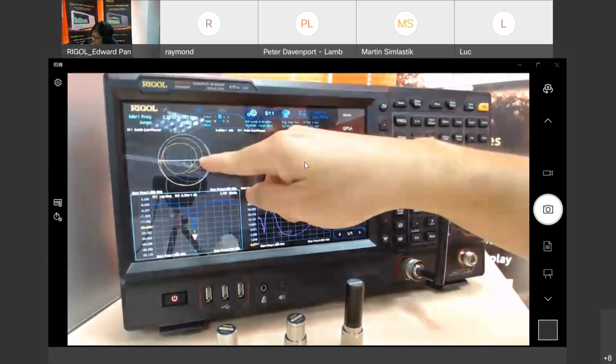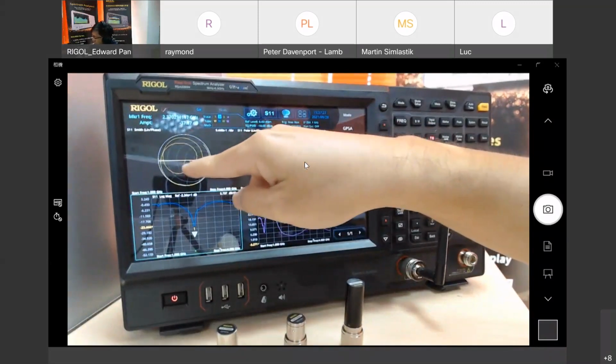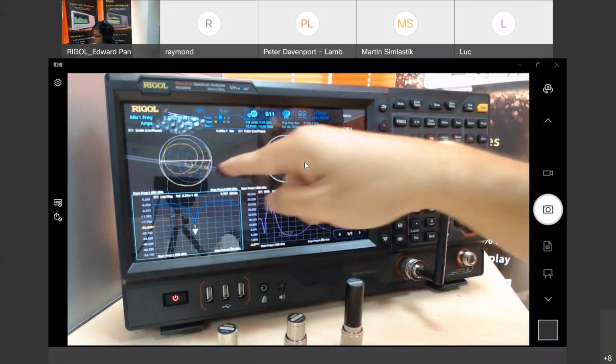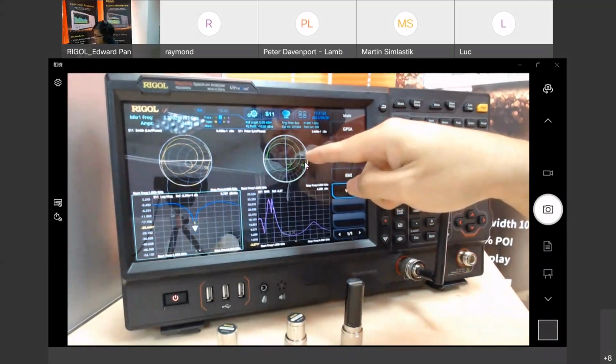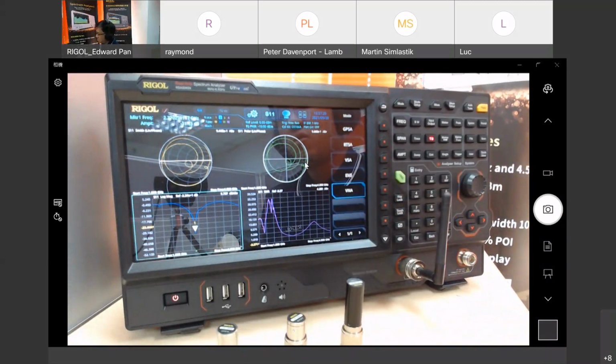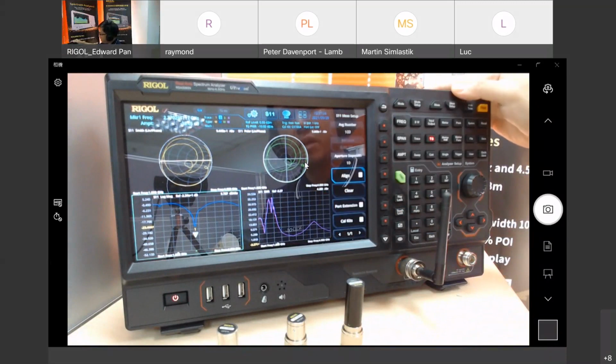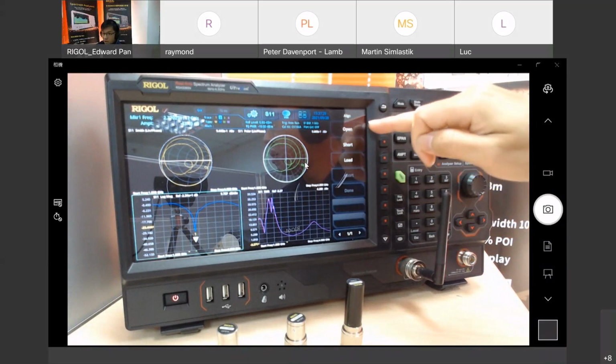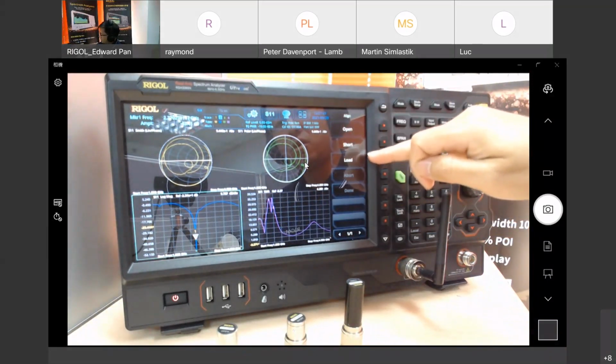We also have the matching trajectories on the Smith chart and the polar chart. It is very simple. We can press the measure setup here. You can see there is a line here to do the open short load calibration.